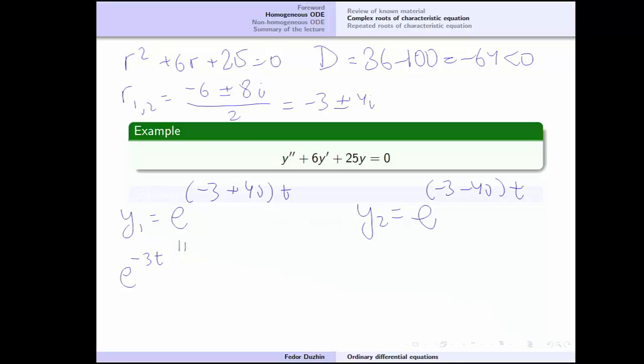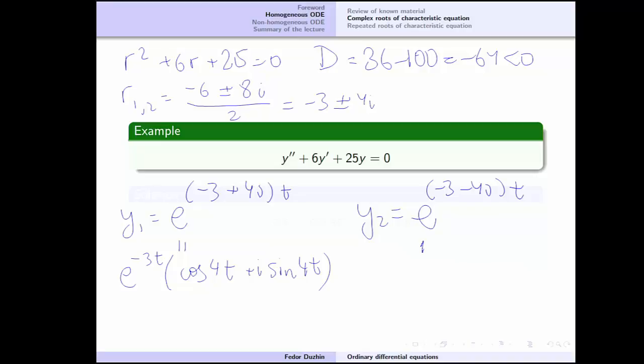And the imaginary part of the exponent, which is 4it, is going to transform into the combination of sine and cosine, right? So we are going to have cosine 4t plus i sine 4t.